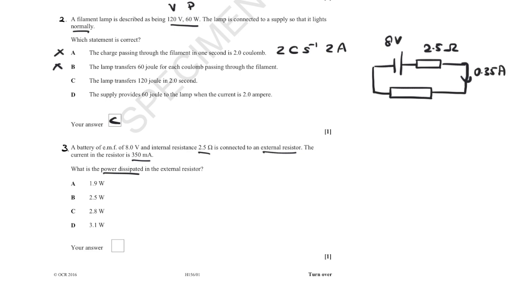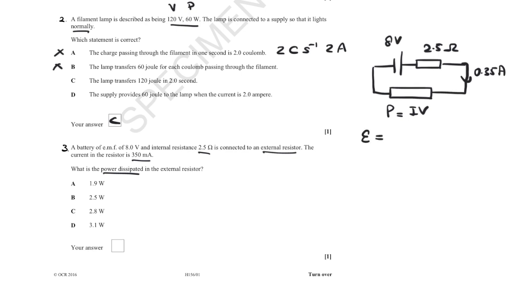We need to work out the power, and power dissipated could be given in many different forms, but in this particular case, I'll use I times V because I am not given the resistance value. So I know the current, and all I need to do is work out the terminal voltage, the voltage across this resistor.